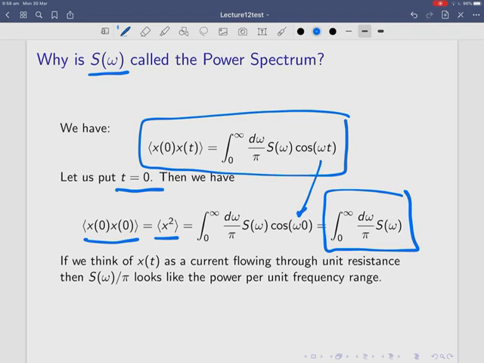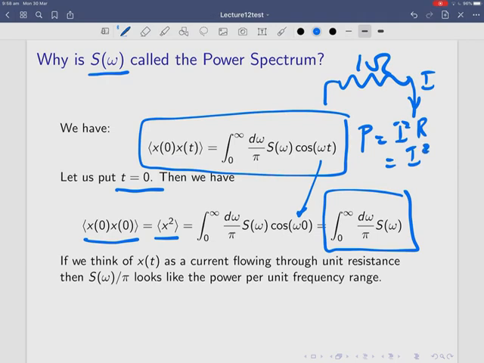So let's think of the following scenario. If we have a resistor, 1 ohm, and we measure the current in it. So there's a current I. The power in that resistor is I squared R, which is just I squared. So if we replace x squared here by I squared, that's basically the power in our resistor.